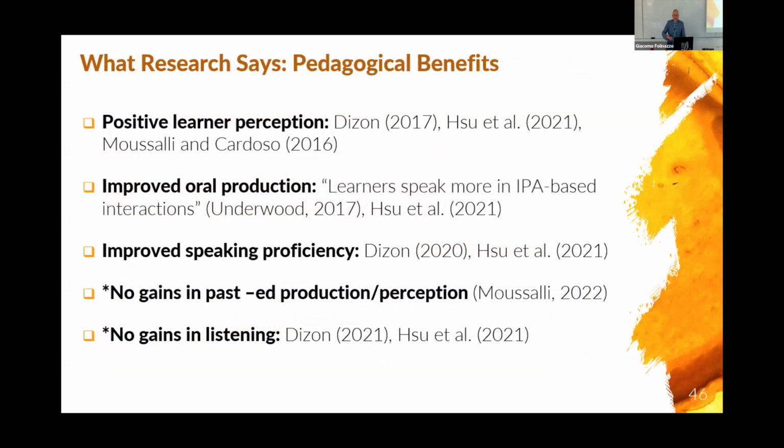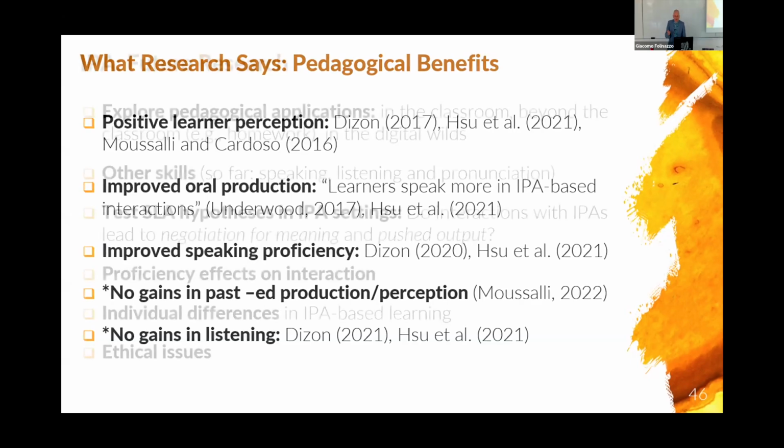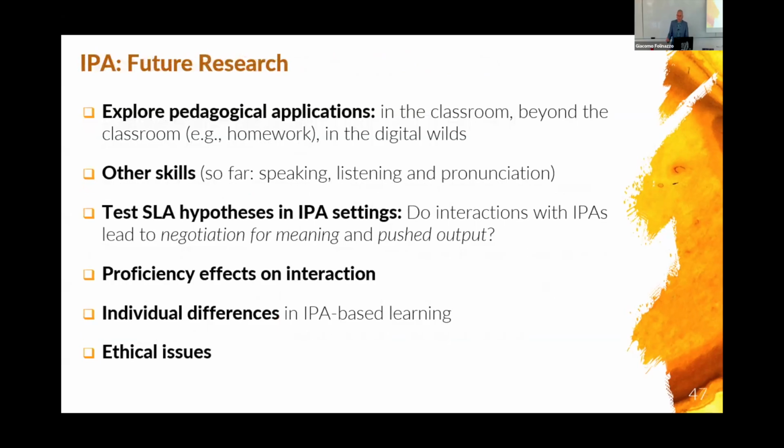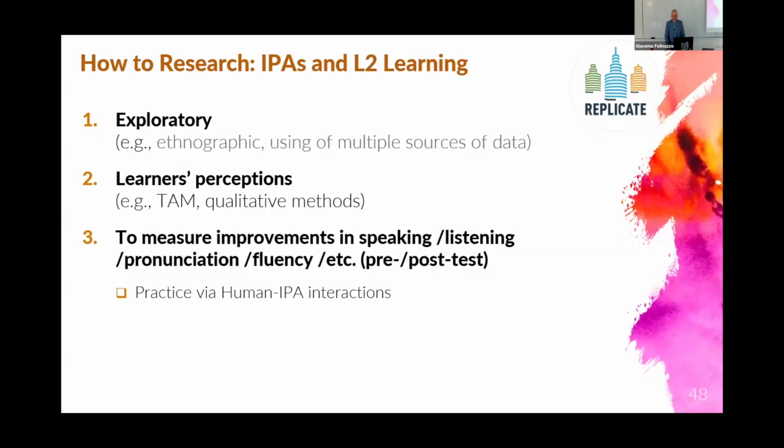So there are many interesting aspects of this kind of technology for research, as you can see on the screen. Interestingly, we haven't seen a lot of gains for listening practice. If you're planning to look at this for the future, there are many interesting options that we can also consider, as you can see on the screen. I'm going to have to go a little bit fast so that I don't go over our break.